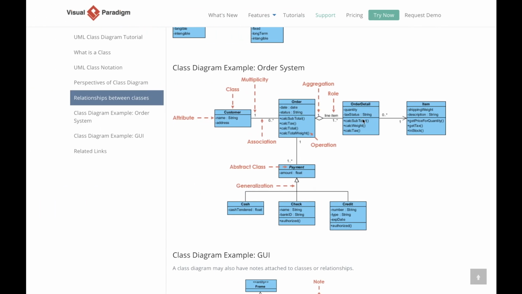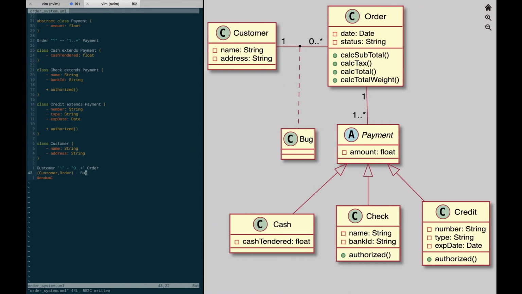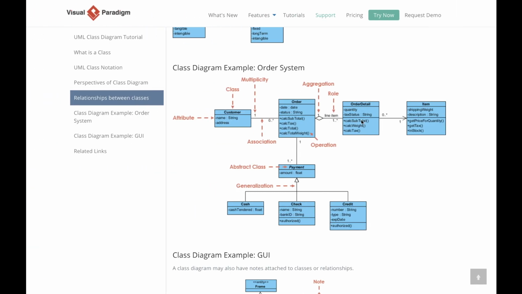Just forget about it. Then let's draw this class, order details. It will have a quantity and tag status, then also some functions to calculate some stuff. Okay, let's do it. Class order detail. Quantity, if I remember correctly. Quantity, yeah.